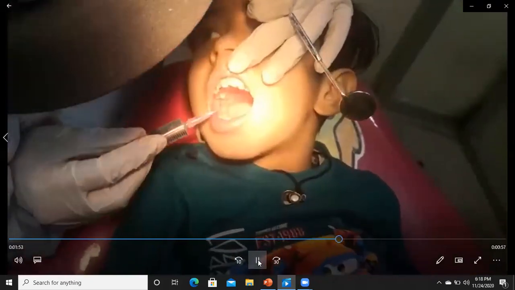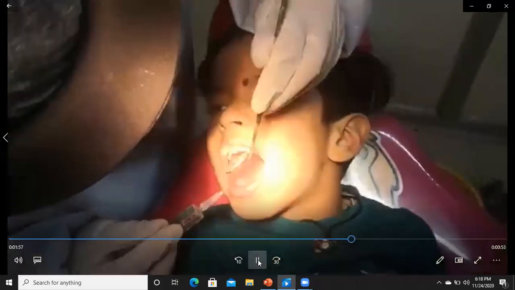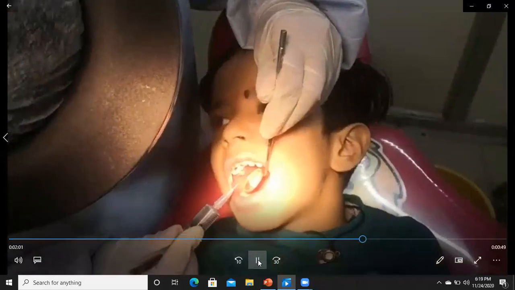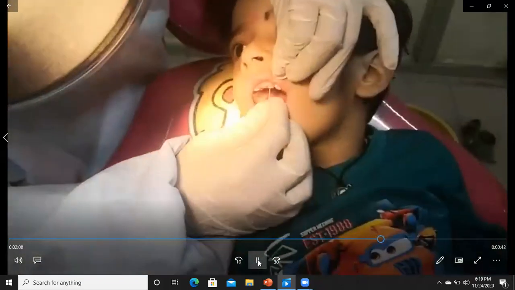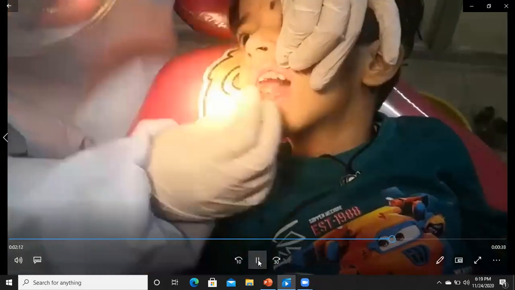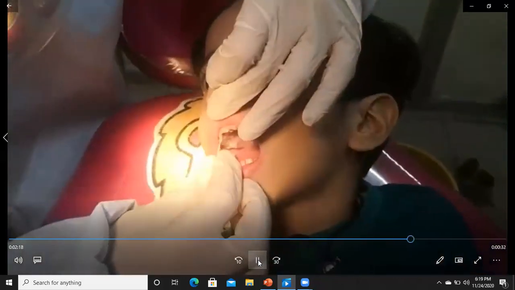Irrigation forms a major component because without irrigation, there won't be any lubrication for the files and they can break in the root canal. Also, irrigants cause disinfection and remove the remaining pulp tissue as well. Paper points are being used to dry the root canal before obturation.